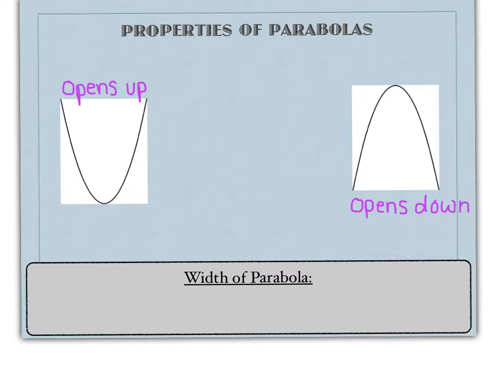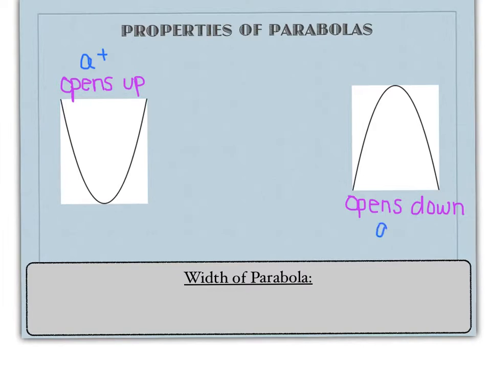And the way you can tell, I mean, obviously from a graph you can tell. If I give you a picture, you can look at it and tell me whether it opens up or down. But by looking at the equation, by looking at the numbers, you look at that a value. So if you're looking at your equation and that a value, which is that number that's in front of x squared, if that a number is positive, you're going to have a parabola that opens upward.